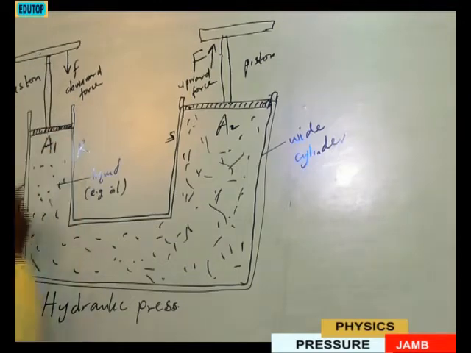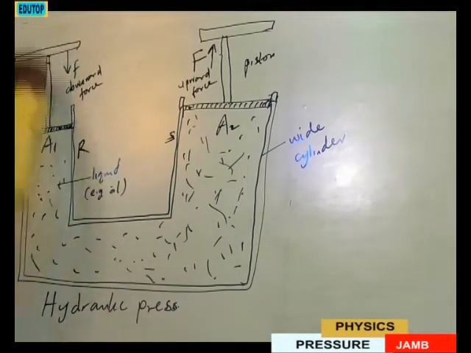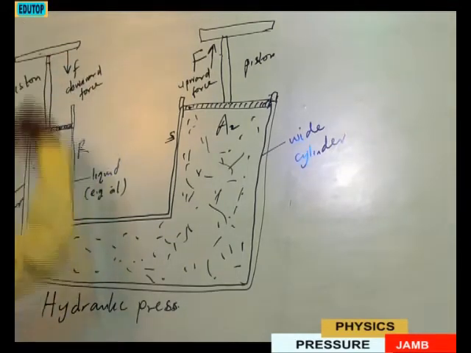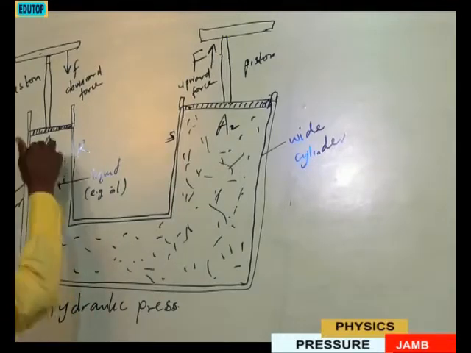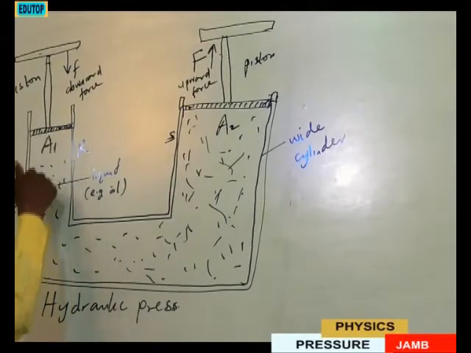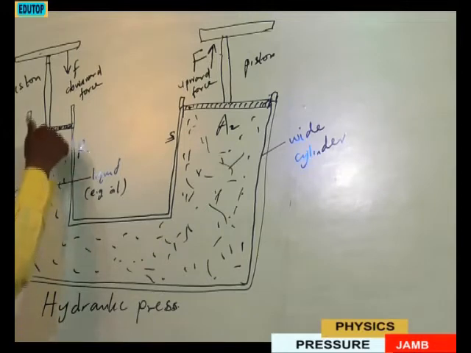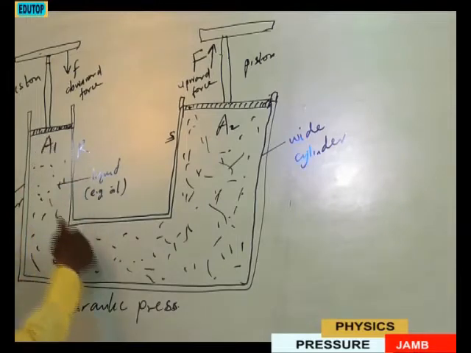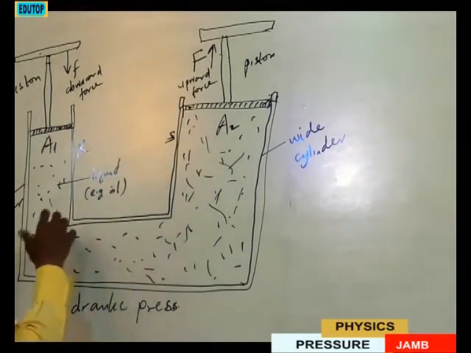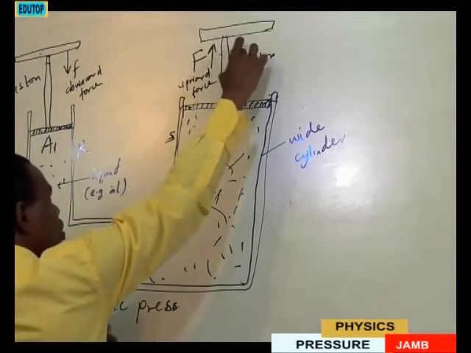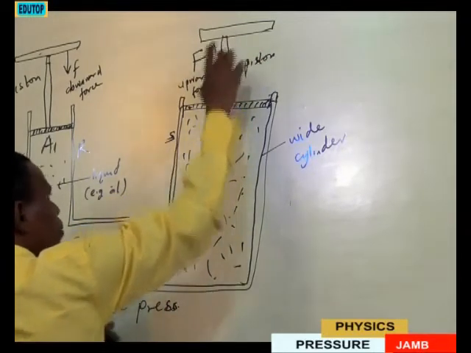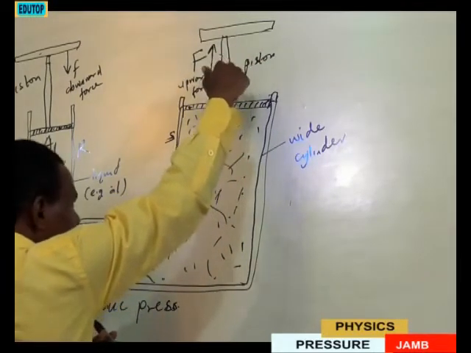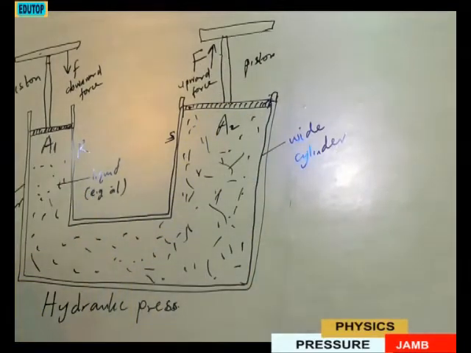If you use the piston to press downward, what will happen to this liquid? The liquid will flow from the cylinder of small diameter, it will rush to the other side. And if you do the same thing to the piston of a bigger diameter, it will do the same thing. Okay? So what can we derive from there?